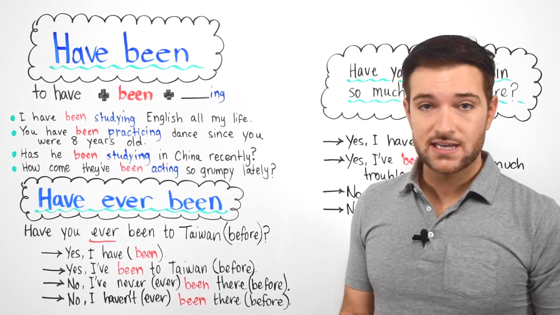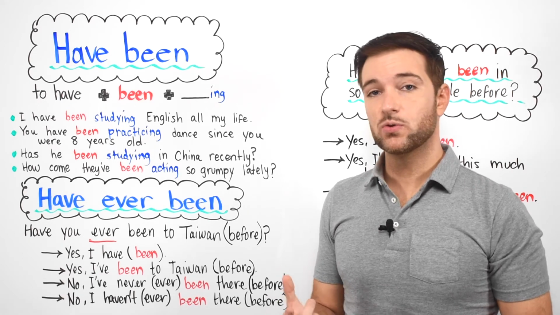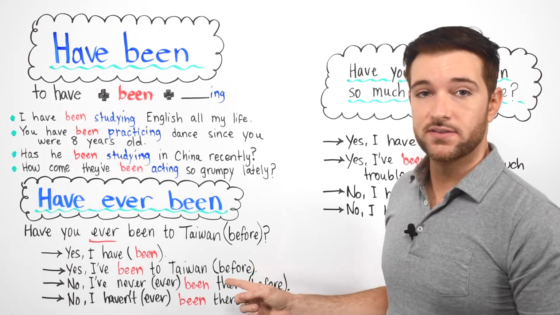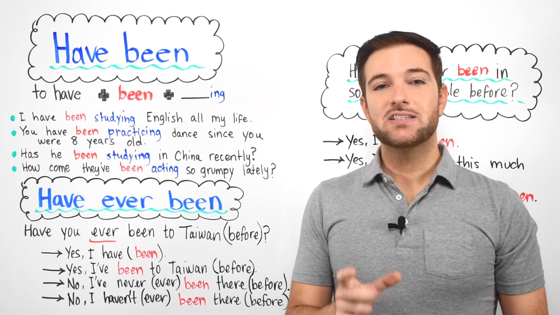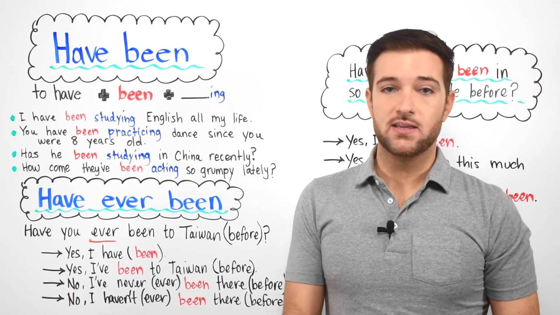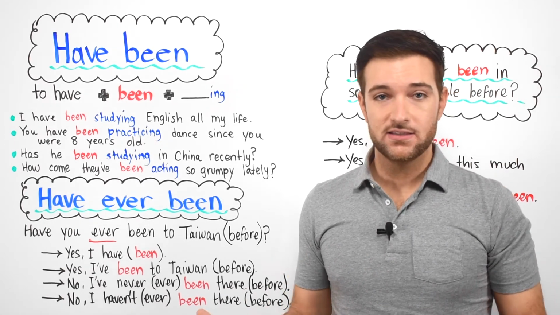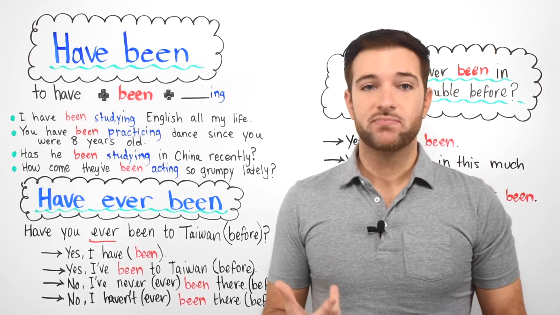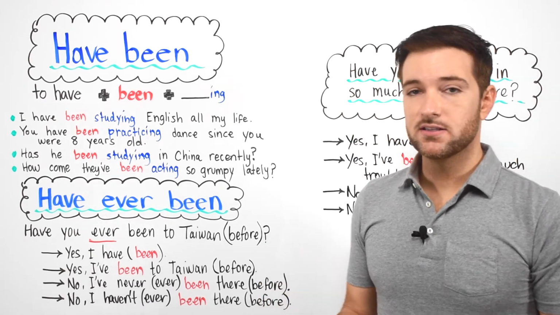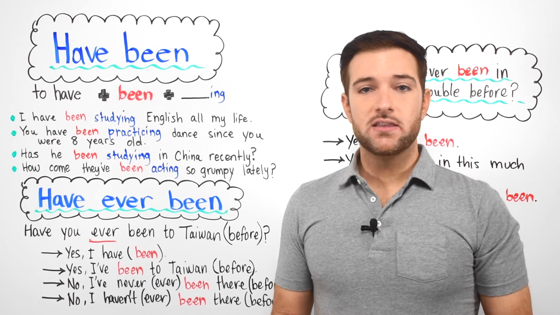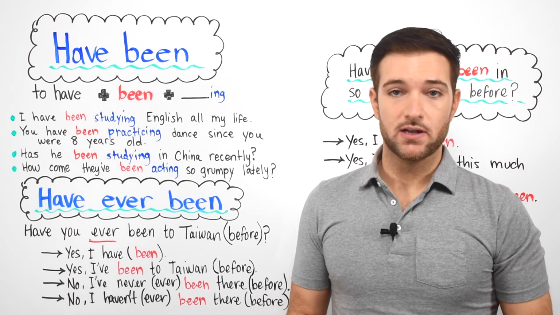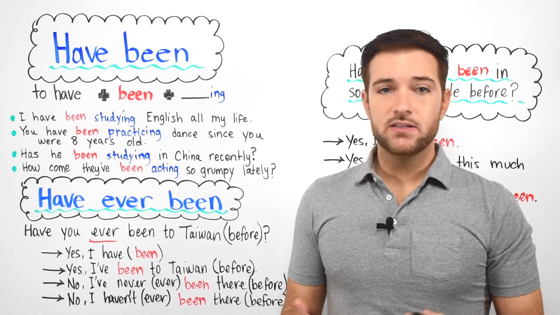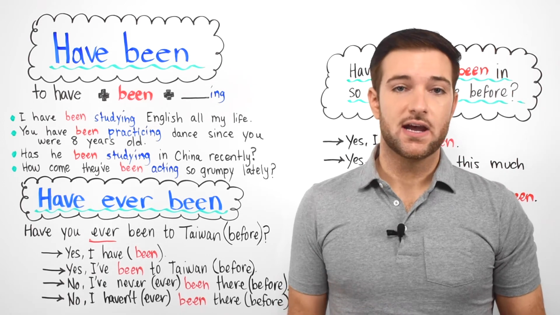Okay, so in these cases here you can see that we have put the word before in parentheses as well. That's because it's optional. You don't have to say it. You are not obliged to say any of these words in the parentheses. But native speakers, like American speakers, they usually say them when they want to emphasize their response. So it basically just makes your response sound more concise.